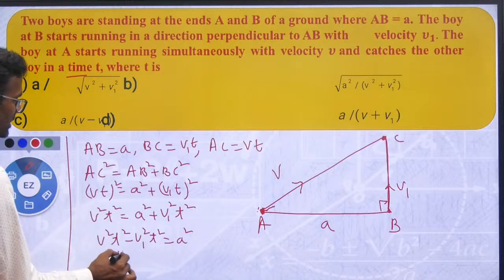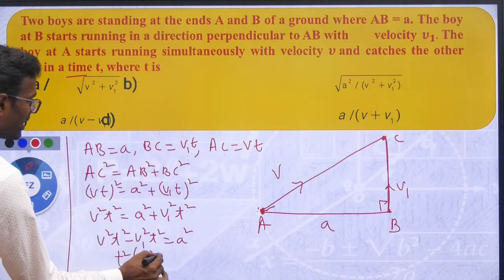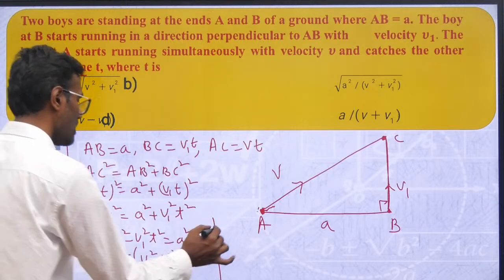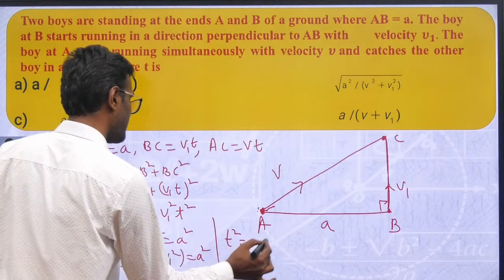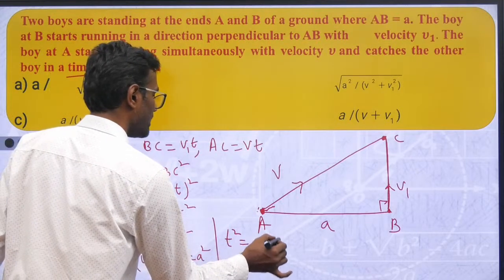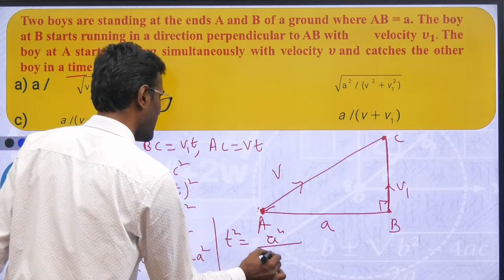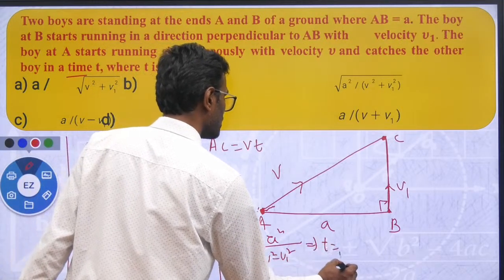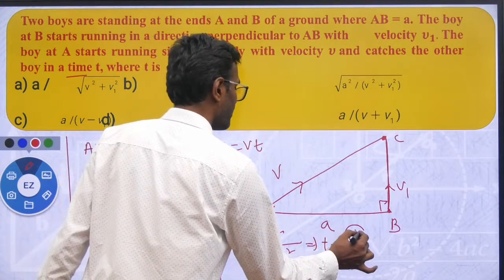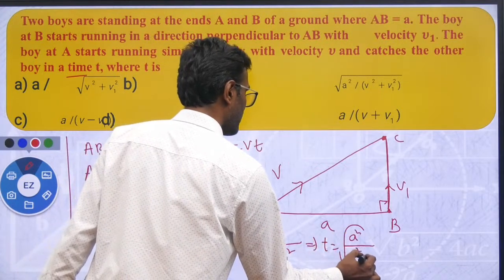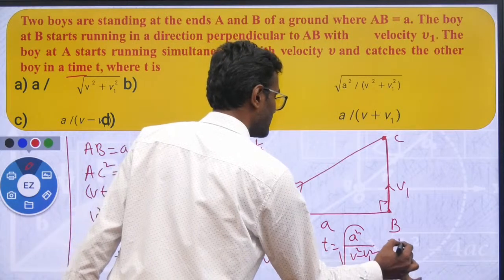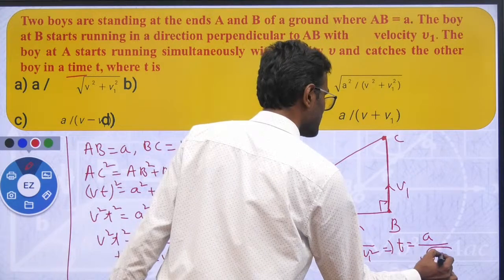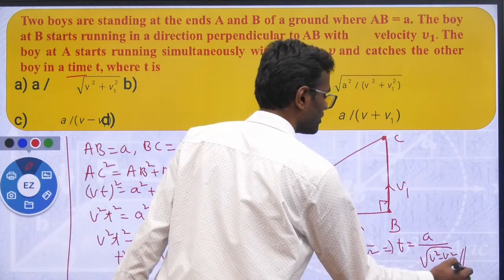Taking t square common, (V square minus V1 square) t square is equal to A square. So t square is equal to A square by V square minus V1 square, which implies t is equal to A by root over V square minus V1 square. This is your answer.